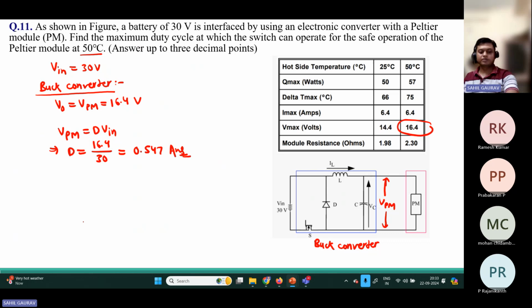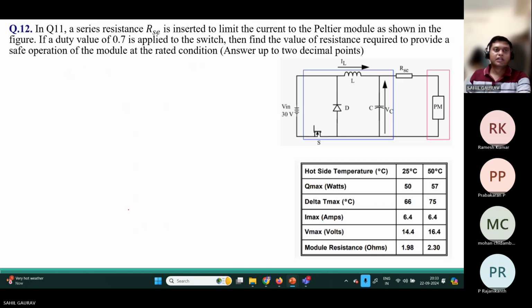Now coming to the next problem. The series resistance RAC is connected to the Peltier module as shown in the figure, with a duty cycle of 0.7. So the duty cycle is specified. Let us first find this V naught. Here VC is given. So VC will be D into V in.